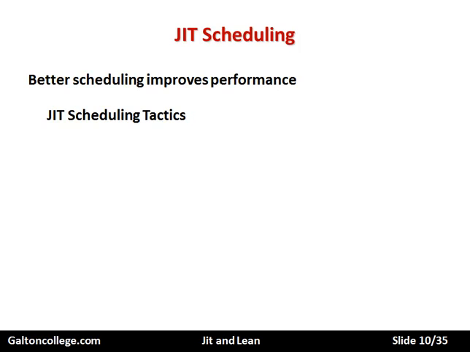Now the JIT scheduling tactics. Well, communicate schedules to suppliers. That's important, because with a just-in-time system, the suppliers must deliver the raw materials or the components. They must deliver those just in time.